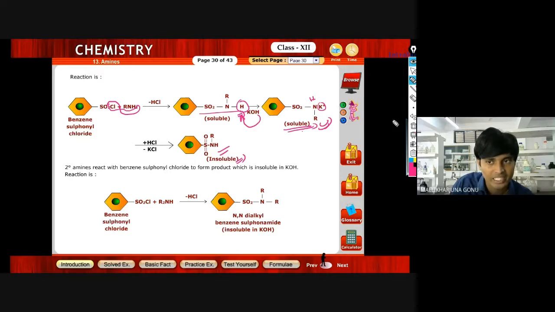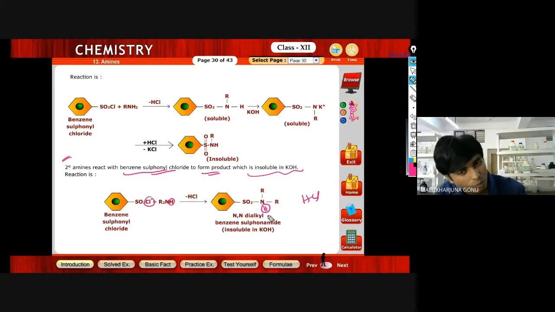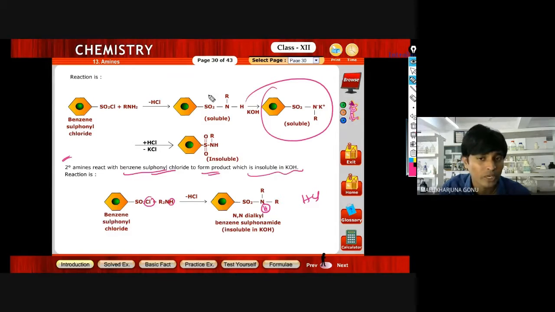Okay, like that. Second degree amines react with benzene sulfonyl chloride to form a product which is insoluble in KOH. It will not dissolve in the KOH solution. Why will it not dissolve? Because this product has no H with a secondary amine, as HCl is leaving. Whatever product forms is a tertiary compound with no H, so it will not react with KOH and will not be soluble in the KOH solution. Whatever product you are getting is not soluble because there is no proton to be abstracted by the base.